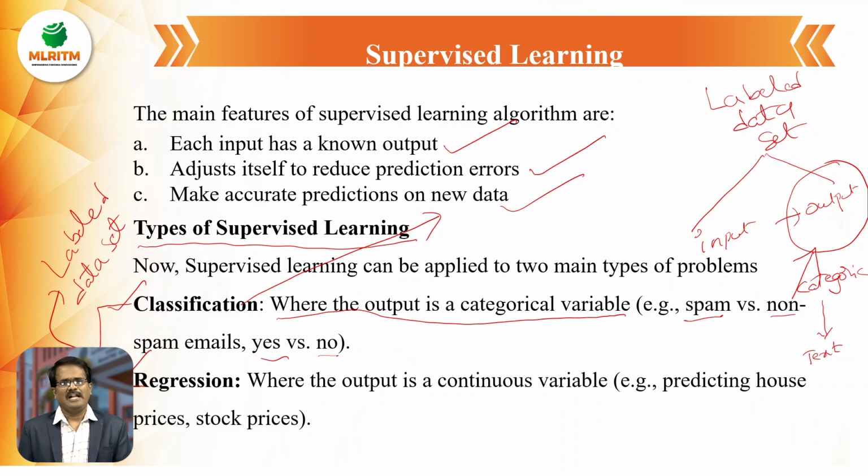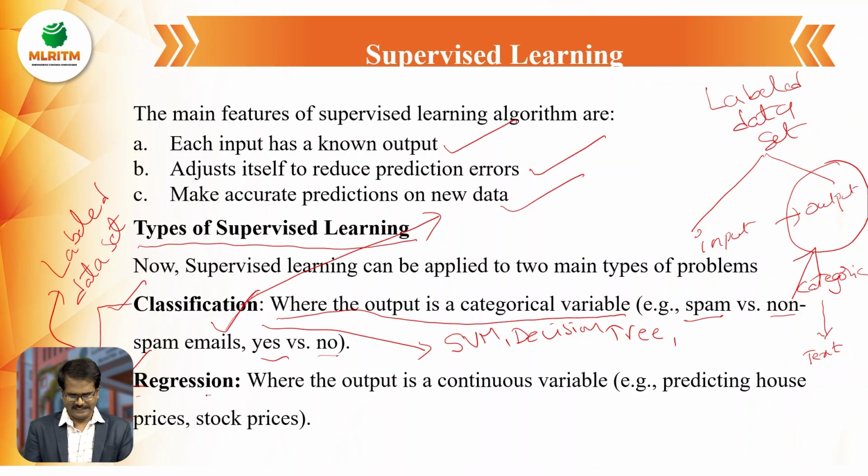Like that, the value of the data is in the form of text. Such type of data is known as categorical data. The algorithms which work on categorical data are nothing but the classification algorithms. Where the output is a categorical variable, we go through the classification algorithms. We have many types of classification algorithms like SVM, decision tree, random forest. These are all the different types of classification learning algorithms.